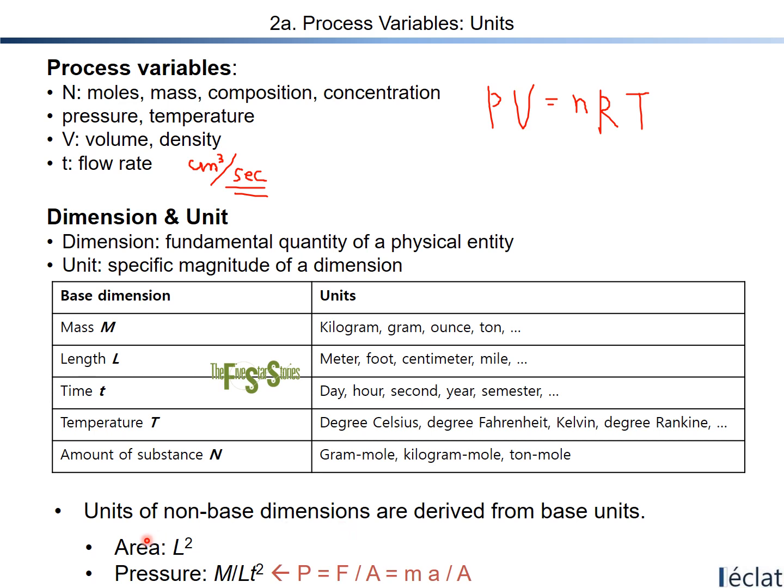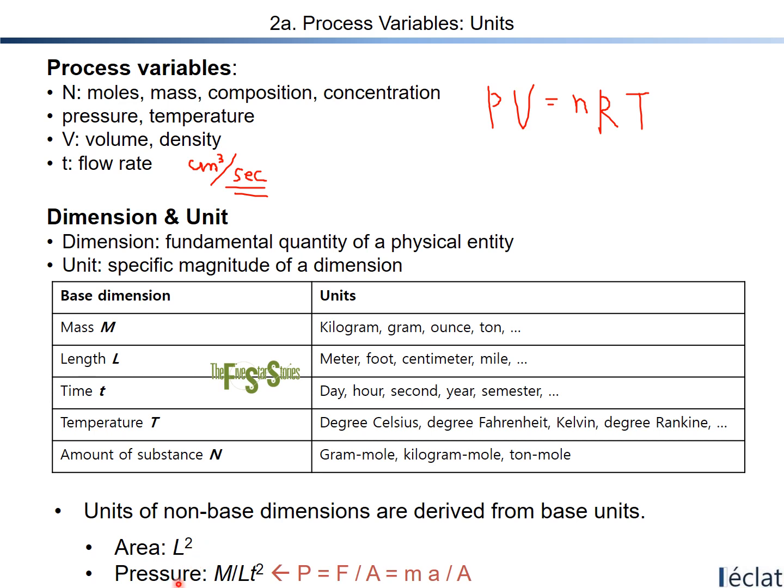So this non-base dimension can be described by a combination of base dimensions. So for example, area could be represented by L square. L is the base dimension. However, area is not a base dimension, so it can be described by a base dimension, L square.